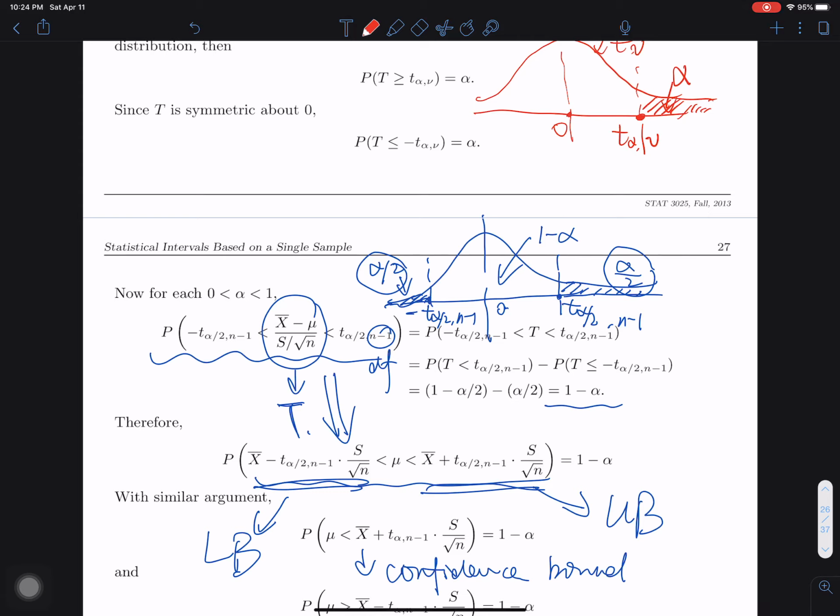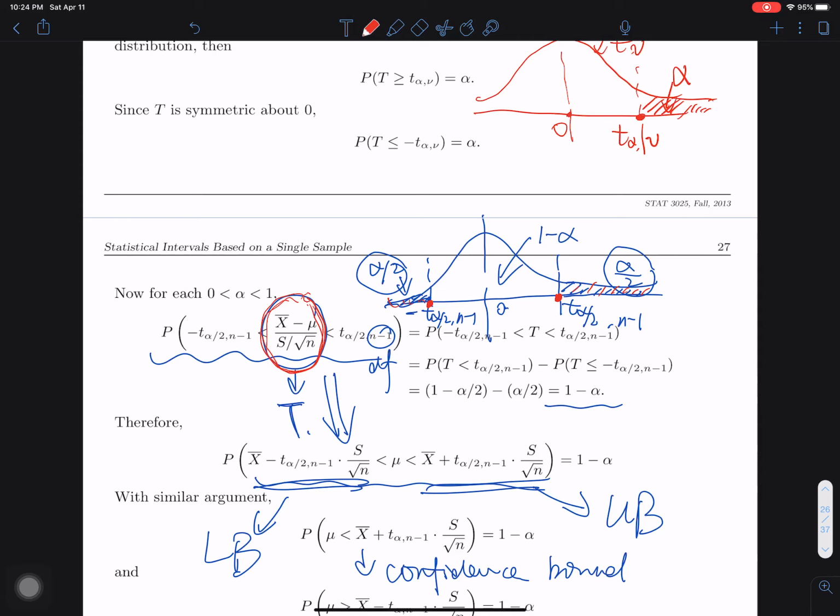Now, since we already know that this quantity follows a t distribution, we can utilize the properties of the t distribution. Since this quantity follows a t distribution with n minus 1 degrees of freedom, the probability that this quantity falls within these 2 points is just 1 minus alpha, because the right tail has alpha over 2 and the left tail has alpha over 2 as well.